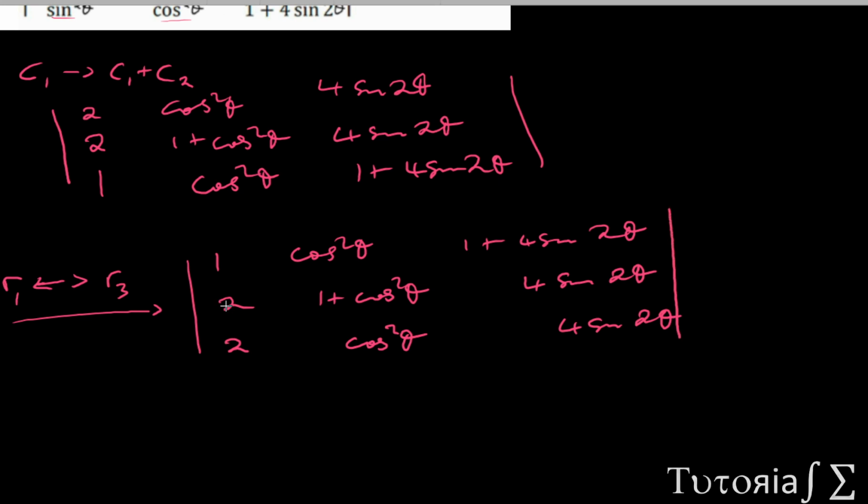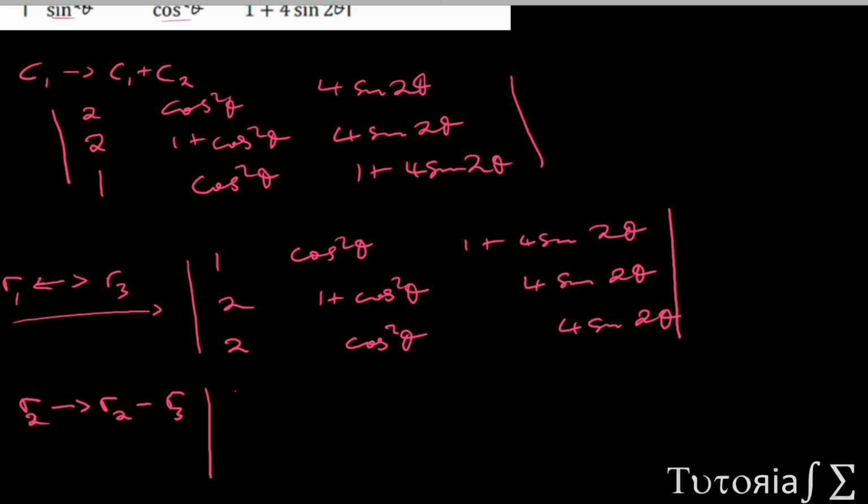Now we can make zeros here. So we'll apply row operations. Row 2 will be equal to row 2 minus row 3.